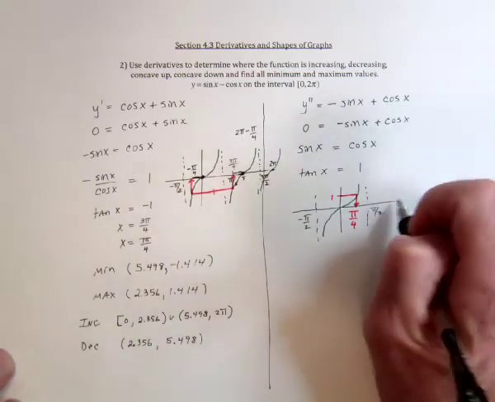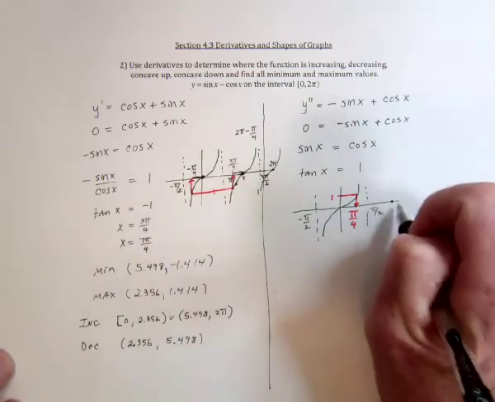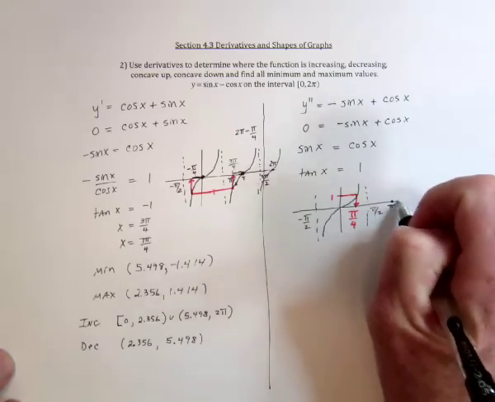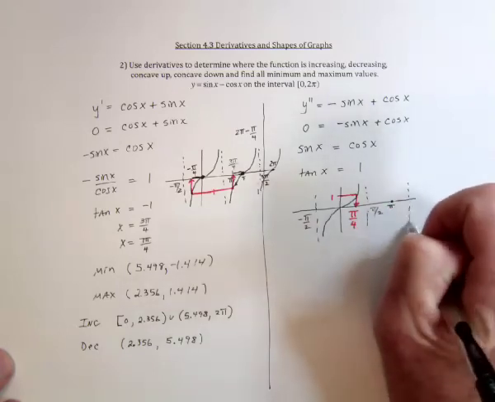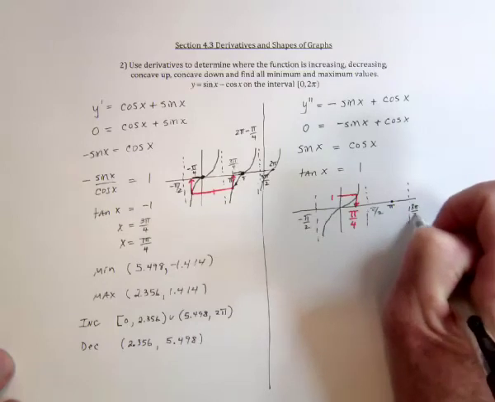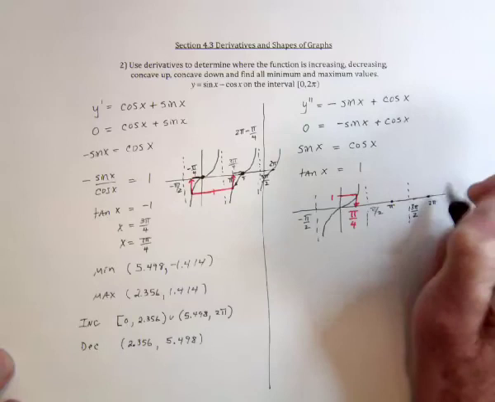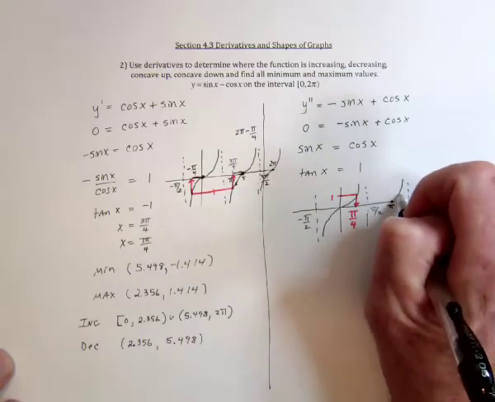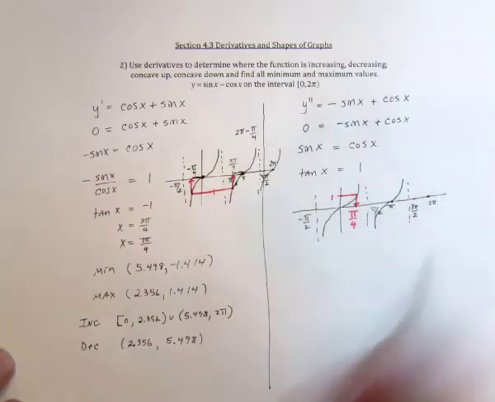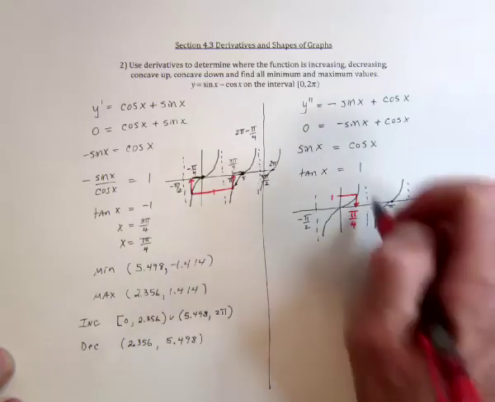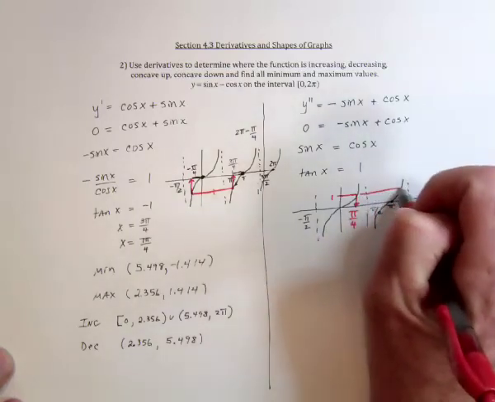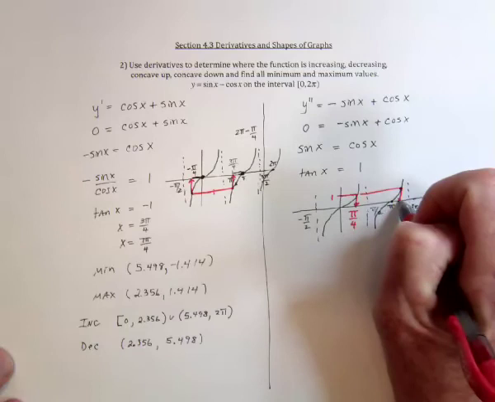And then, like last time, we need to continue this out. So here's going to be pi, and here's an asymptote of 3 pi over 2. And here's 2 pi. So we'd have another value over here to the right of pi.